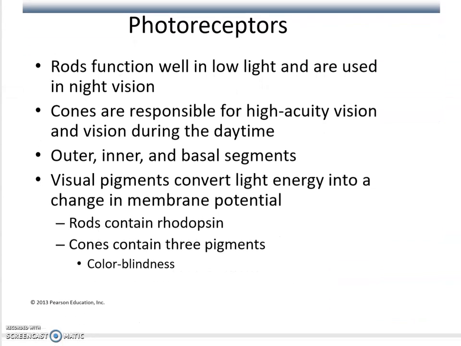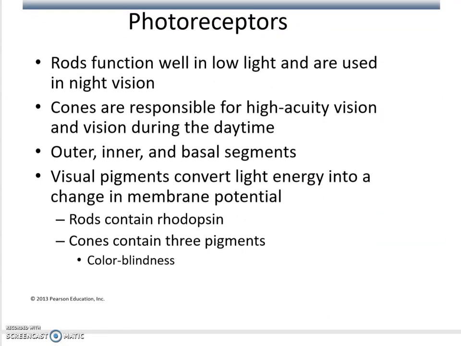So here is your write-up about this. Just a recap here. The rods function well in low light, but you don't have much visual acuity there because of that convergence issue. And the cones have high visual acuity, very true, but you need quite a bit of light input for that. So if it gets very dim, then you're going to lose your color vision.